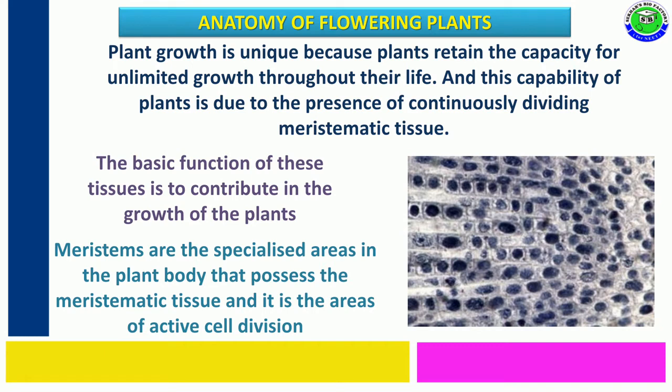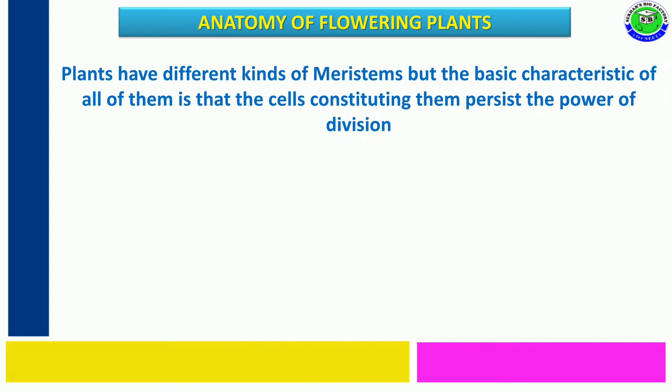The meristematic tissues are specialized areas in the plant body, and the meristem possesses meristematic tissue, the main area for active cell divisions. Generally the plant body has different kinds of meristematic tissues, but the basic character of all these cells is the capability to divide continuously, and they have a persistent power to divide.